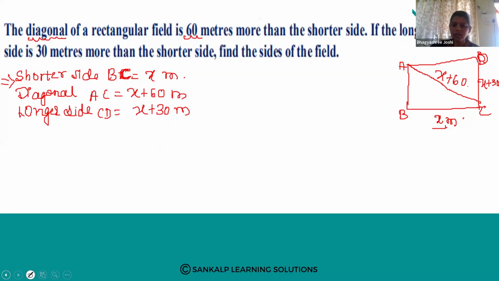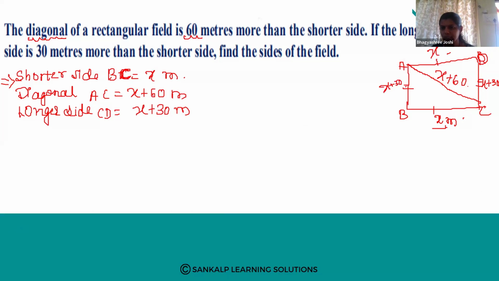So here we consider shorter side is x and diagonal is x plus 60 and longer side is x plus 30. Now see, if this is x, this is a rectangular field. In a rectangle, I have told you opposite sides are equal. If this is x, then this is also x. If this is x plus 30, this is also x plus 30.